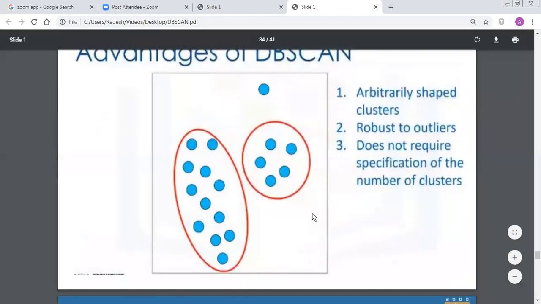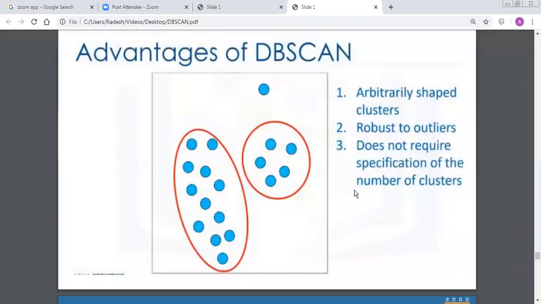So the advantages of DBSCAN: arbitrarily shaped clusters. With the help of this, we can have arbitrarily shaped clusters, whereas with k-means and hierarchical clustering, we have clusters with respect to size in the form of ellipse, circle, square, etc. And it is robust to outliers, meaning it is not noise prone.